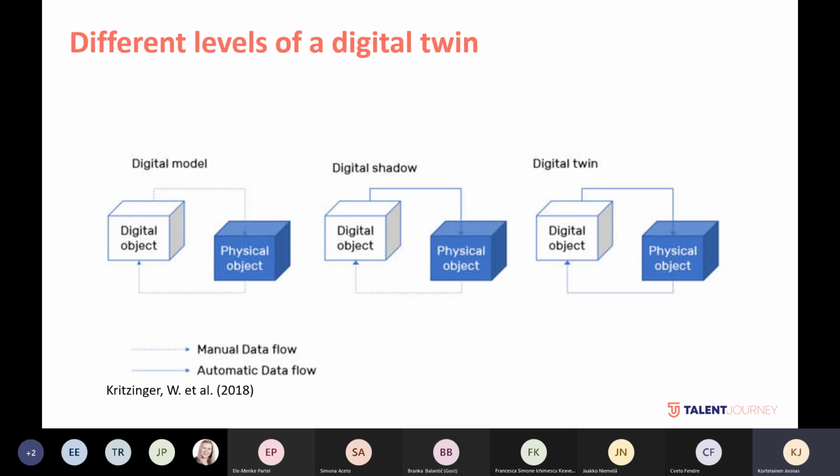And when we look at stage 2, the digital shadow is a step forward toward the digital twin. But if you look at it, you can see that there's only one way, one talk, so to say, of automated data exchange.